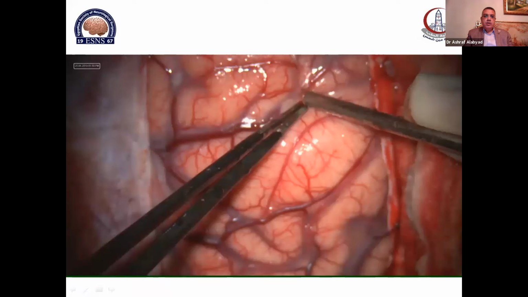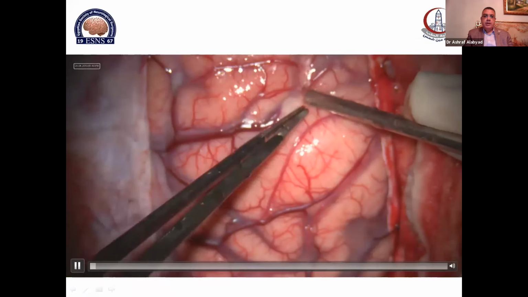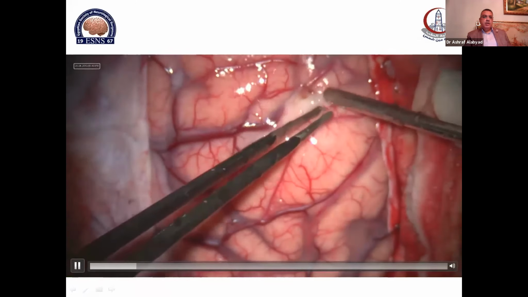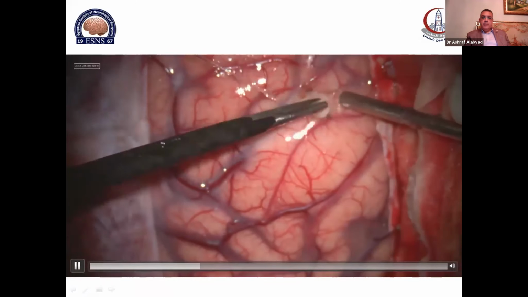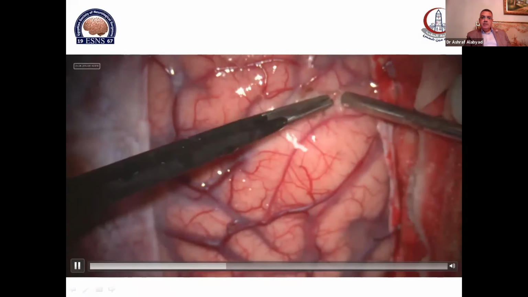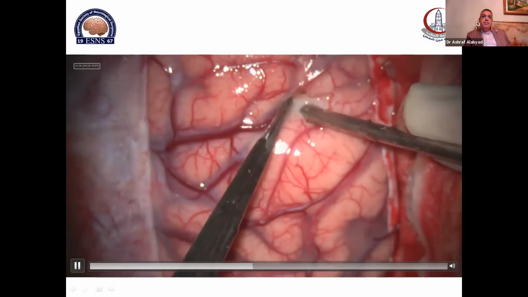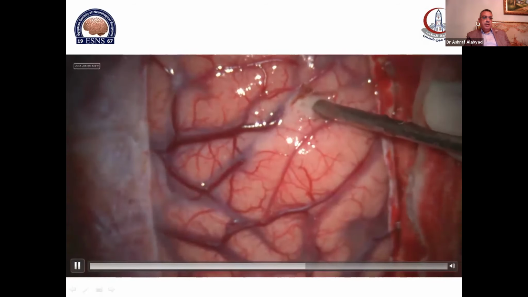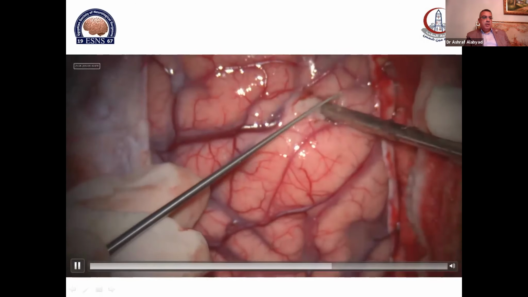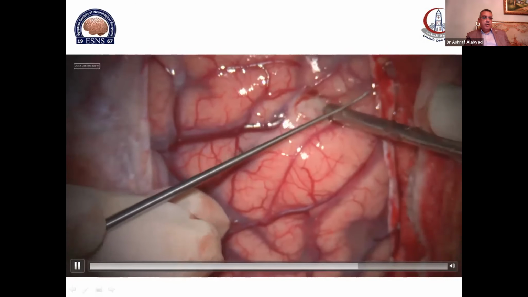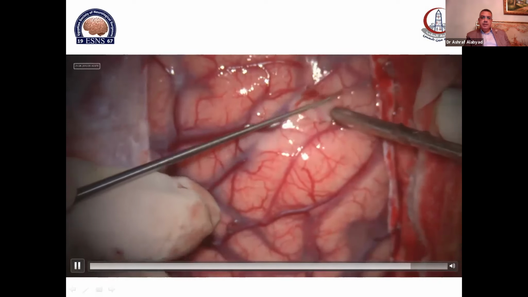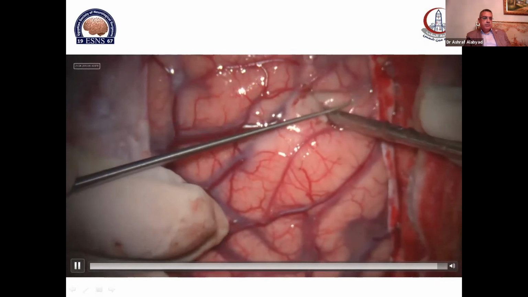After identification of the area of resection, the resection starts by cauterization of the cortical pia overlying the lesion, as we see. The small pial vessels are coagulated, and the pia is divided either by a sharp dissector or microscissors, of course respecting the adjacent eloquent cortex.